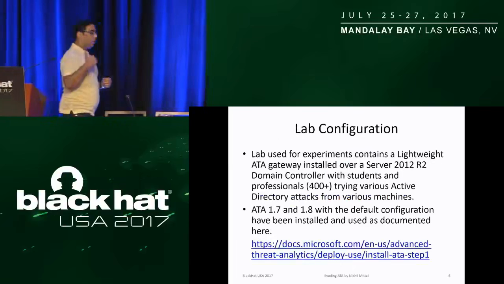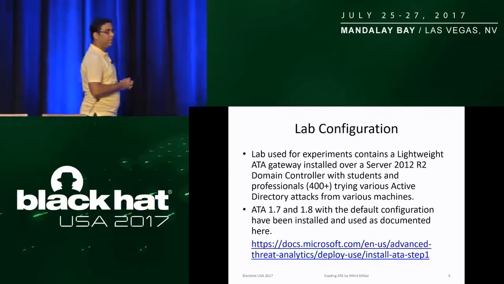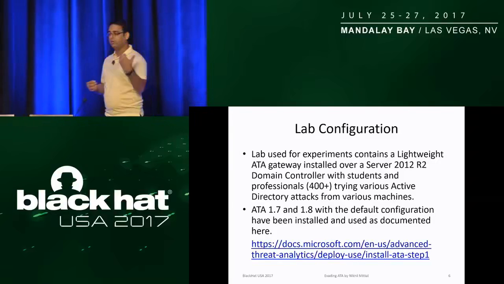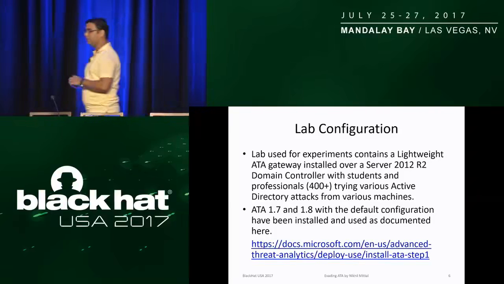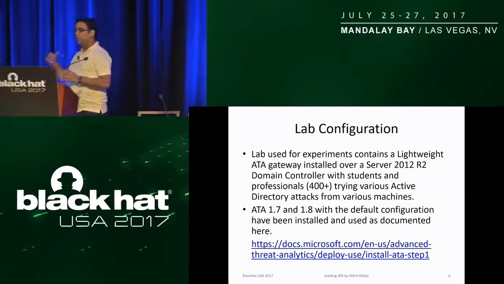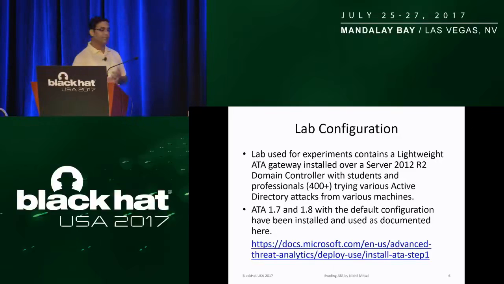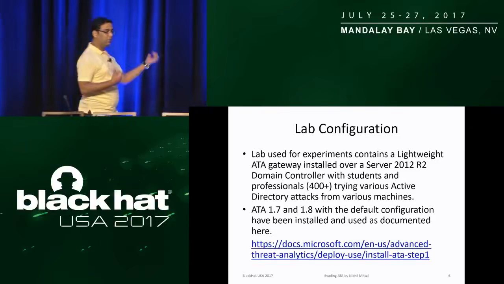The lab configuration which I have used and which I am going to use for the live demonstrations: I worked on ATA 1.7, then 1.8 came out last month, and I tested interesting things on that as well. The ATA sensors for installation in my environment have been used in my classes as well. So more than 400 students have tested their hands-on.